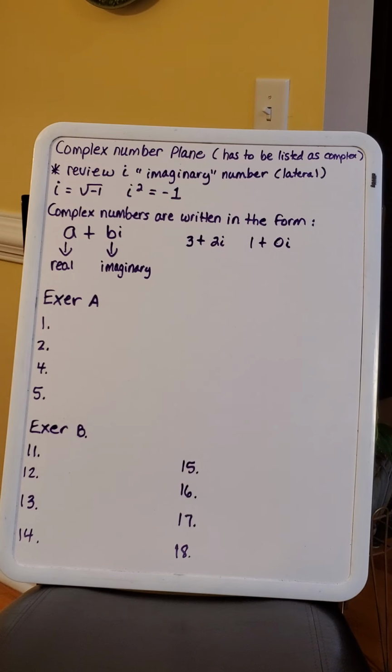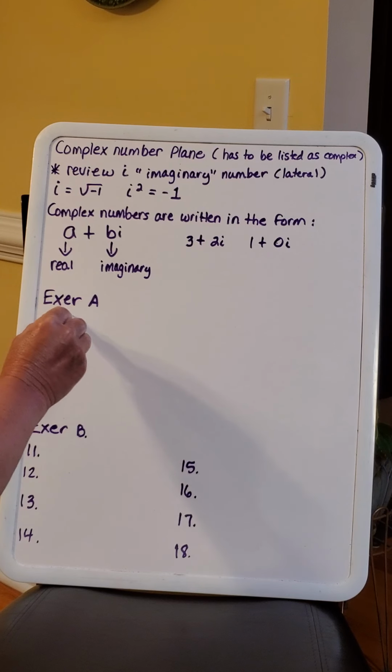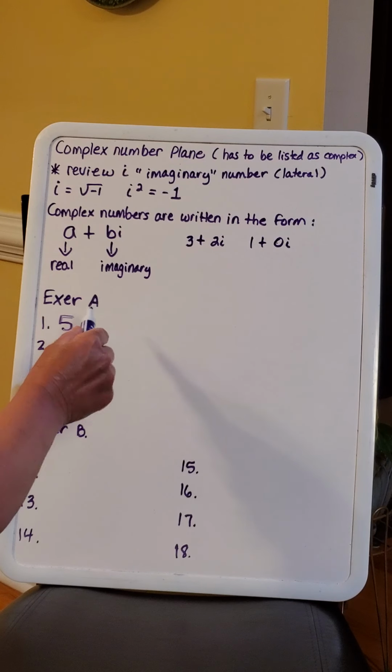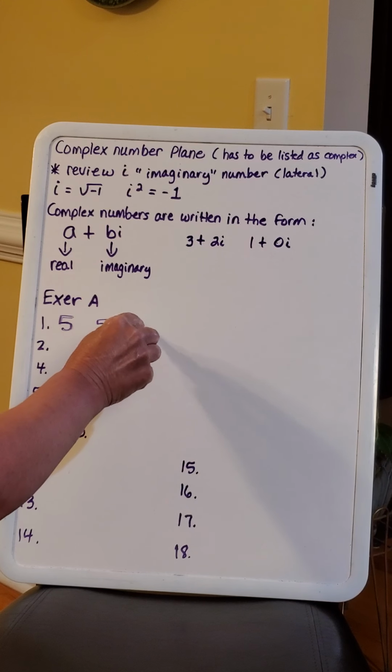On page 406 in exercise A, you'll see where it says to write each number as a complex number. I'm not going to do all of these, because it's really just basic, getting you used to writing them. Number 1, they give you 5. If I'm going to write that as a complex number, it will be 5 plus 0i.